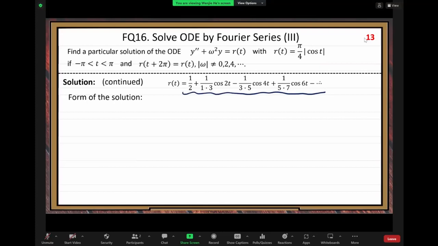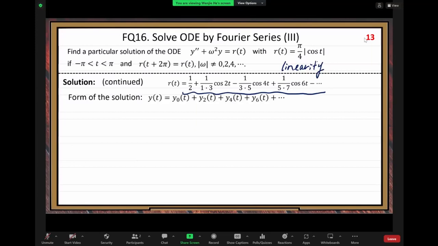And we use the linearity principle. Remember, we are working on these linear ODEs, so there is a linearity property, and we can take advantage of it here.